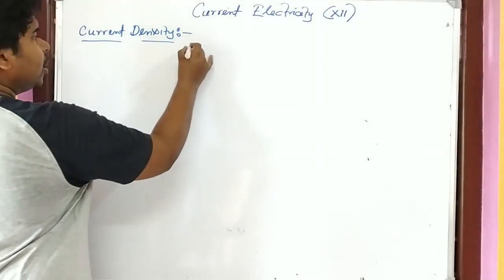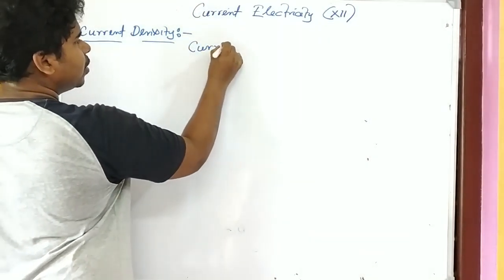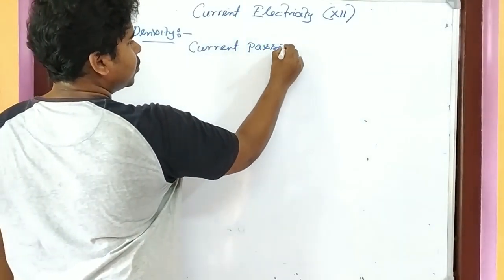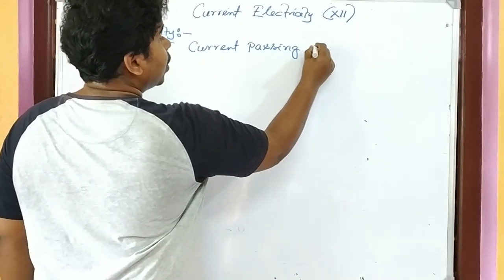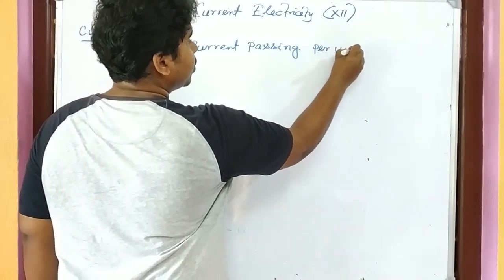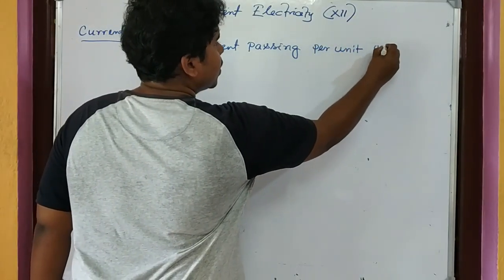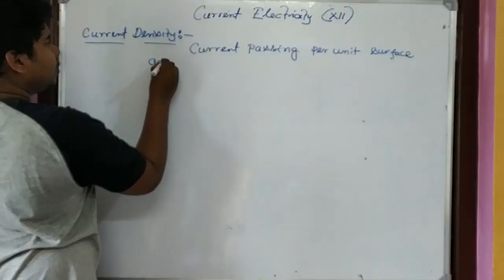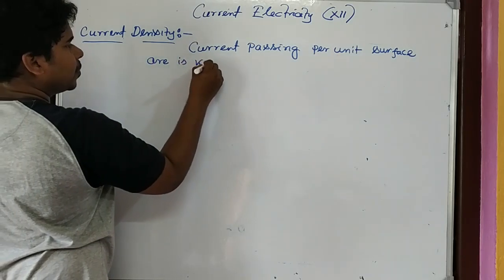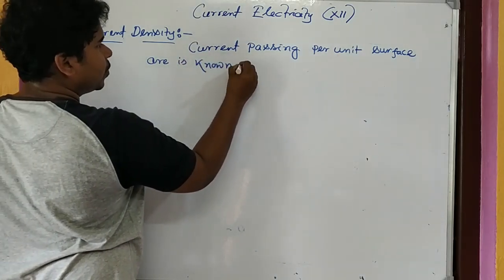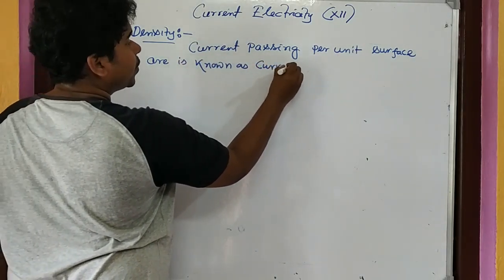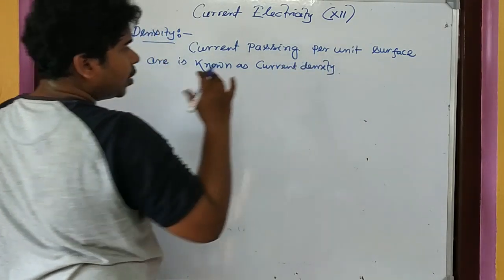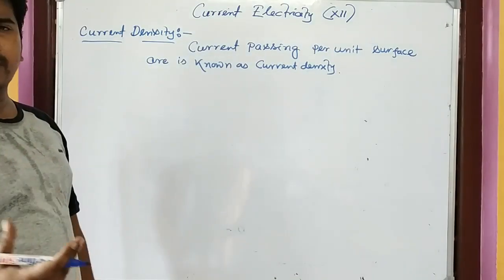Current density means current passing per unit surface area is known as current density. Current passing per unit surface area.